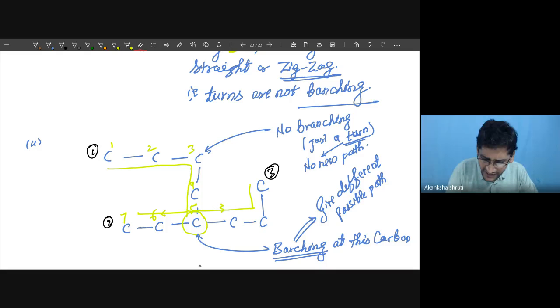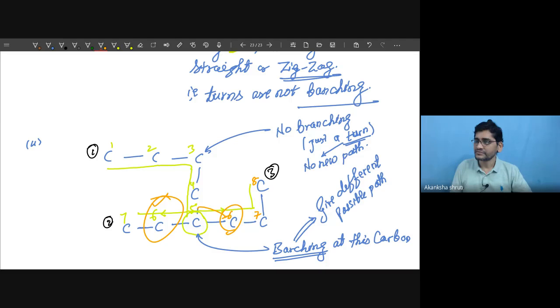So one may take this path, meaning after 5, this as 6, this as 7, this as 8. One may take like this. Then how should it be numbered? Whether I shall take this as 6 or this carbon as 6, which one is correct?